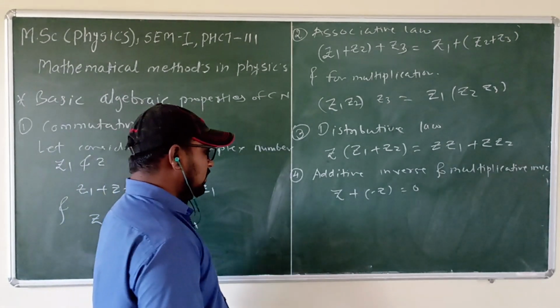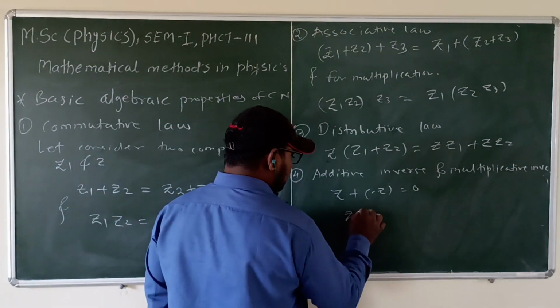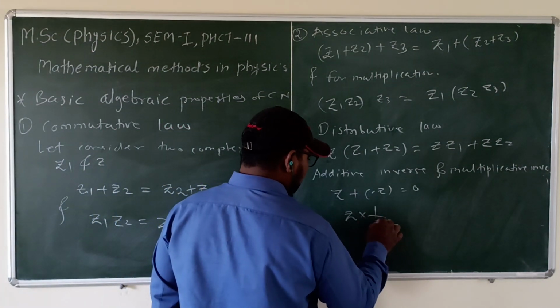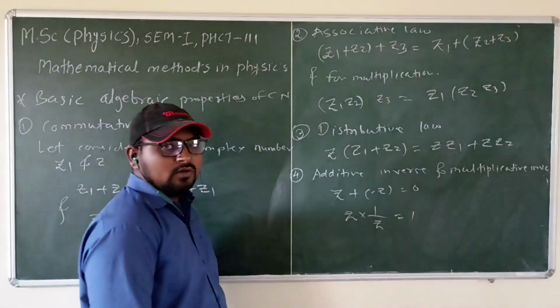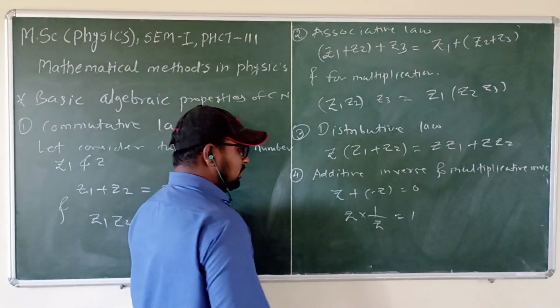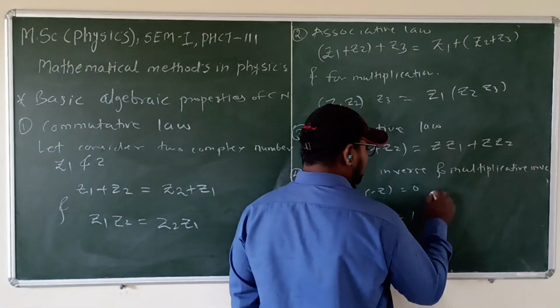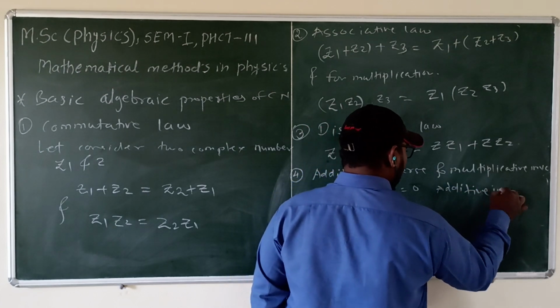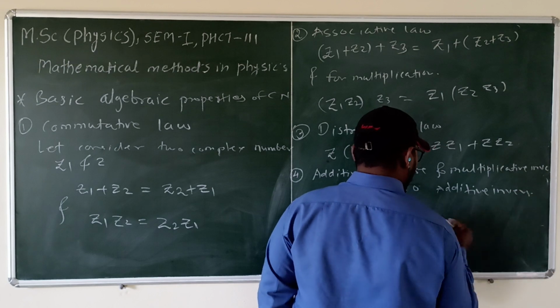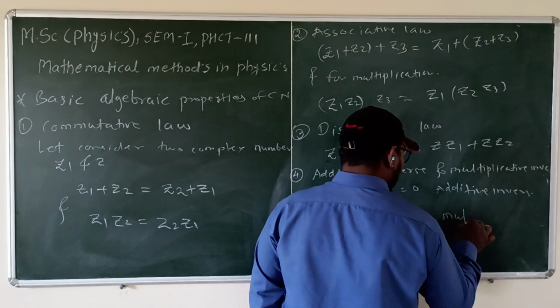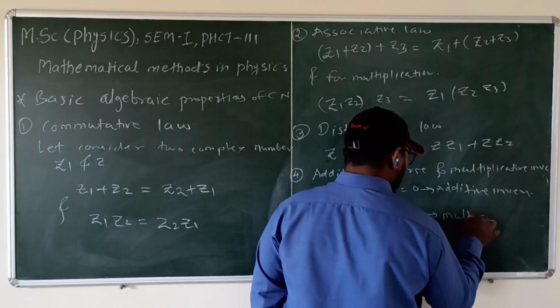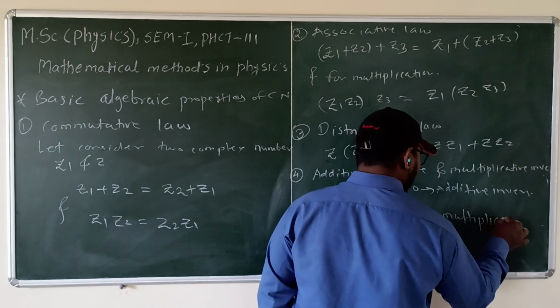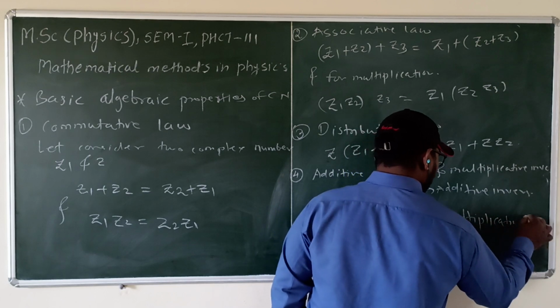Okay, and for multiplicative inverse, Z into 1 upon Z will give rise to 1. This is called multiplicative inverse. Okay, so this is additive inverse and this is multiplicative inverse.